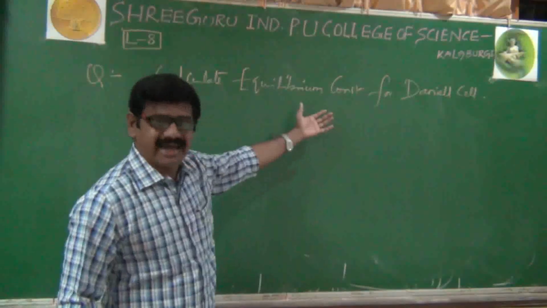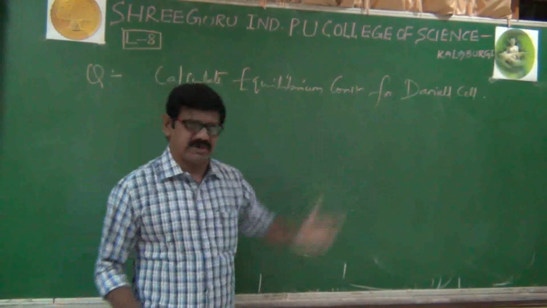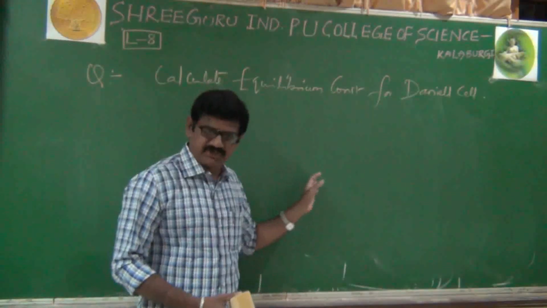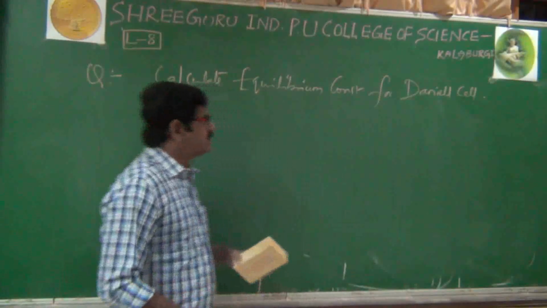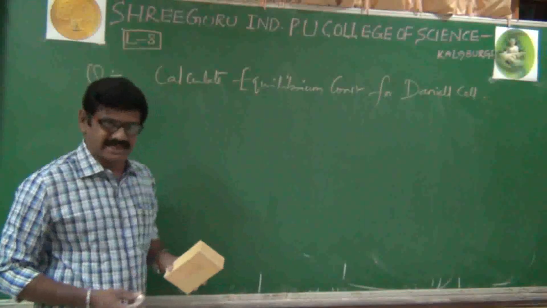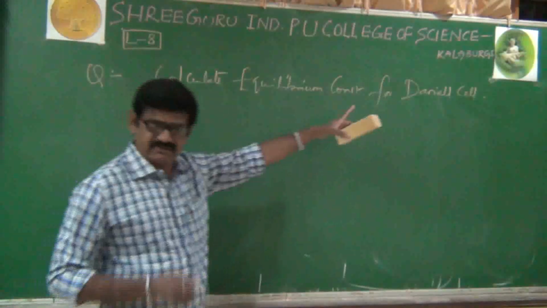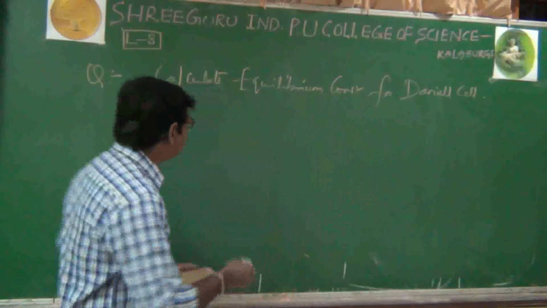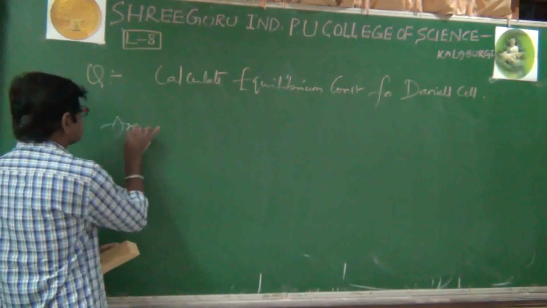Then regarding the Daniell cell, just now we have discussed it. On one side a zinc electrode will be there, on one side a copper electrode will be there. As far as the Daniell cell is concerned, one of its values is fixed, that is E naught cell. Write its answer of course.